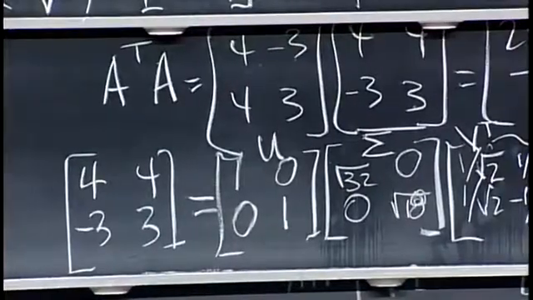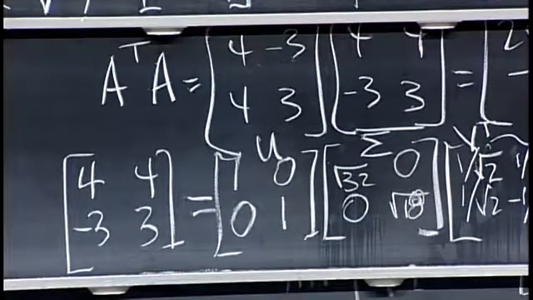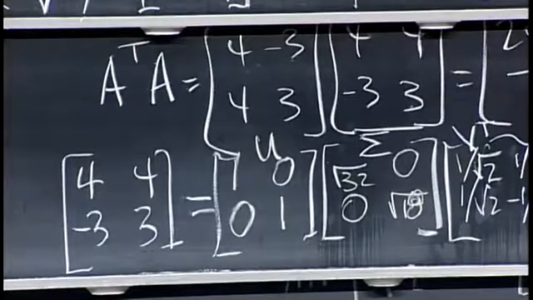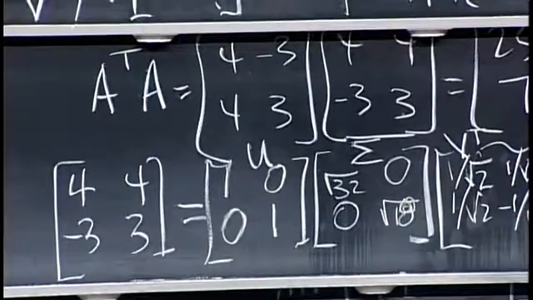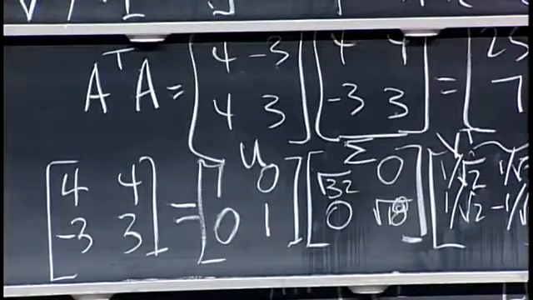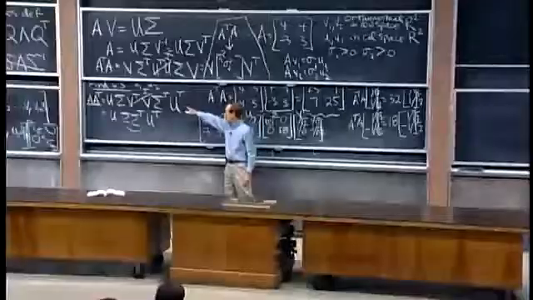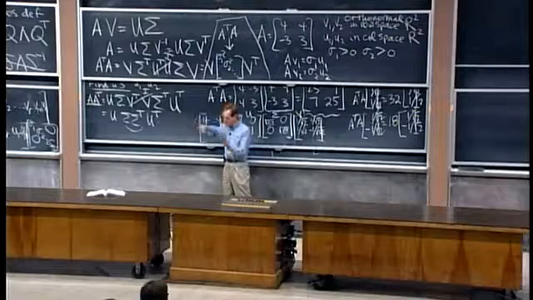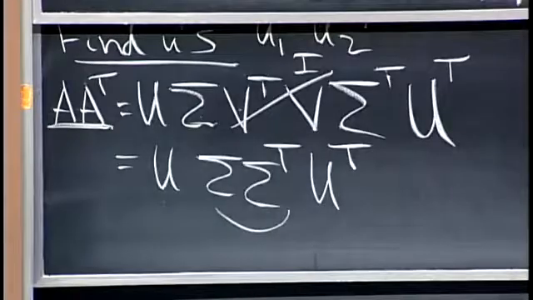Okay. So my claim is that it ought to all fit together. That these numbers should come out right, because the matrix multiplications use the properties that we want.